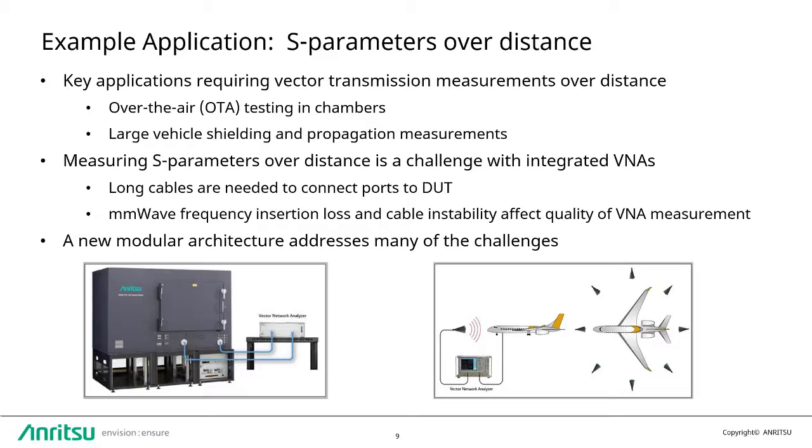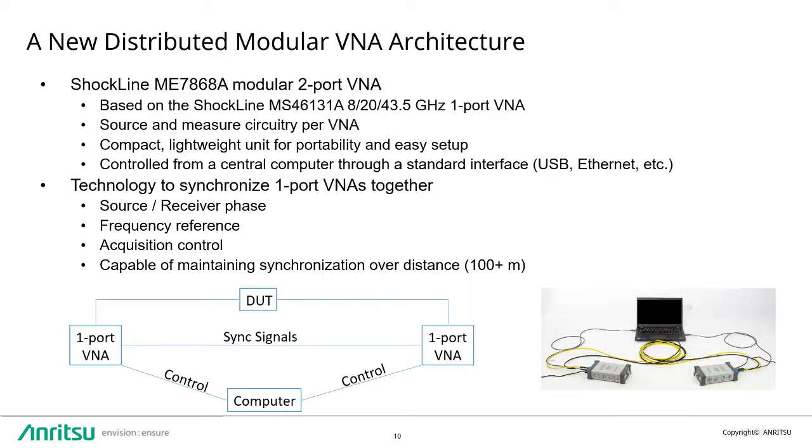A new modular architecture from Anritsu addresses these types of applications by making a pair of independent one-port VNAs into the equivalent of remote ports on a fully reversing two-port VNA. This new distributed two-port VNA, the ME7868A, is based upon a pair of MS46131A one-port VNAs.